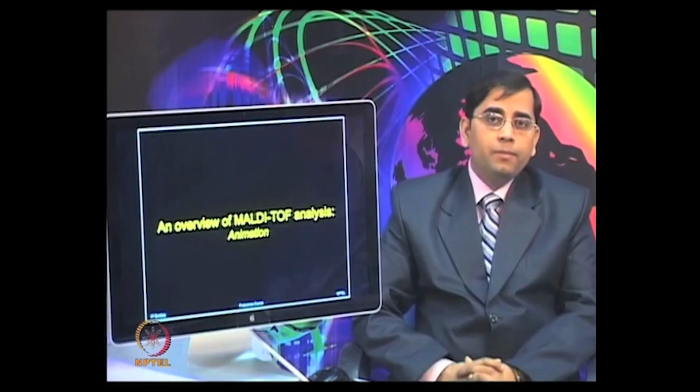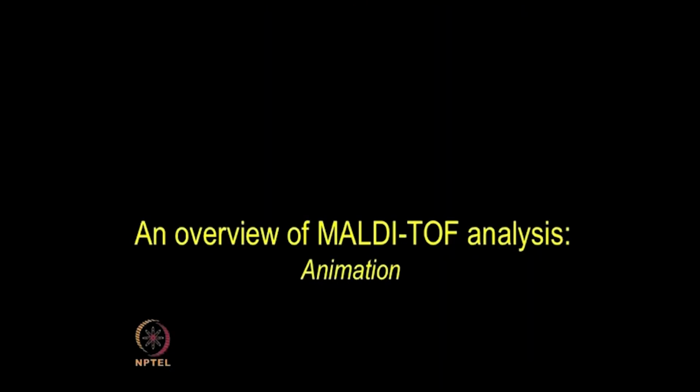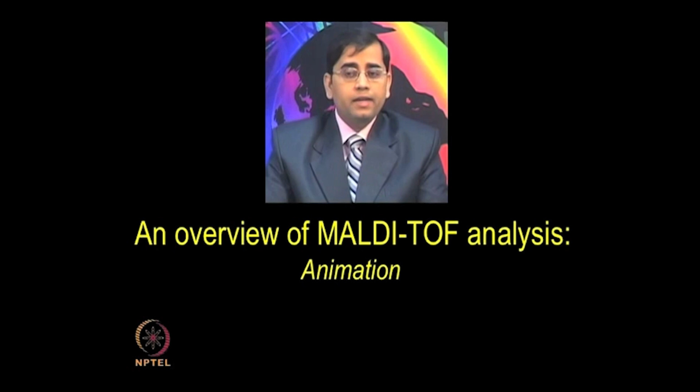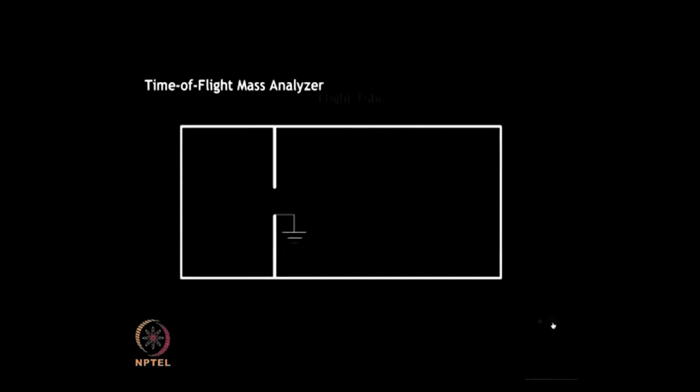After discussing some of these basic concepts of using MALDI and TOF, now let me give you an overview of the entire MALDI-TOF experiment by showing you the following animation. The time of flight analyzer resolves ions produced by the ionization source on the basis of their mass to charge ratio.